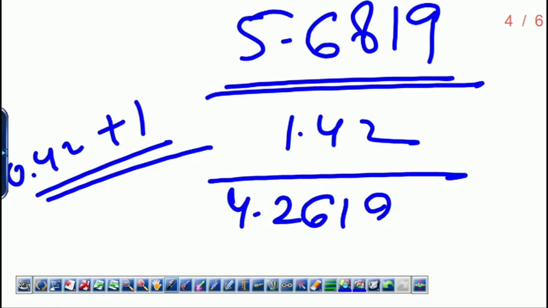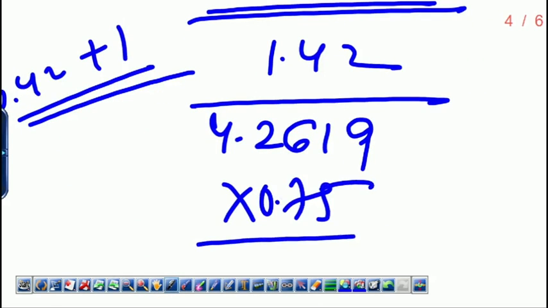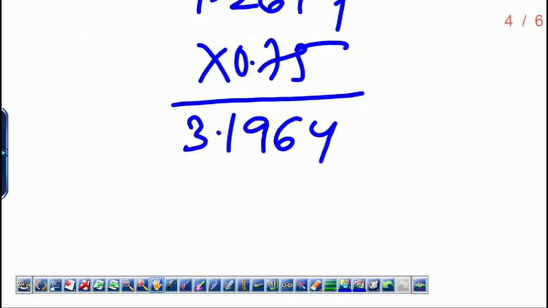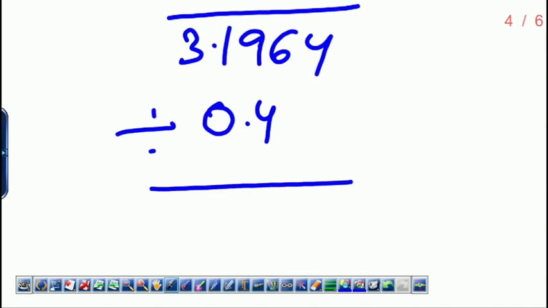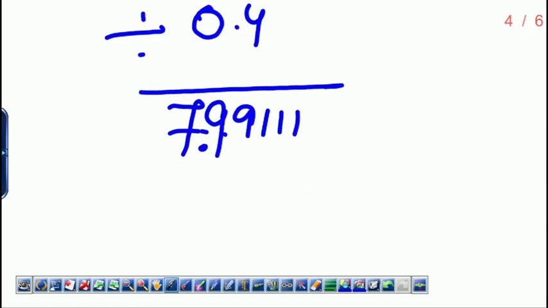And the tax rate was 25%. So 4.2619 into 75%, PAT comes to 3.1964. And the number of shares was 0.4 crore. Divide by 0.4 crore. So our EPS comes to 7.9911, maybe 8, I don't know. And the P/E ratio would be, we are taking more debt now, already 45% was there, 8 times.